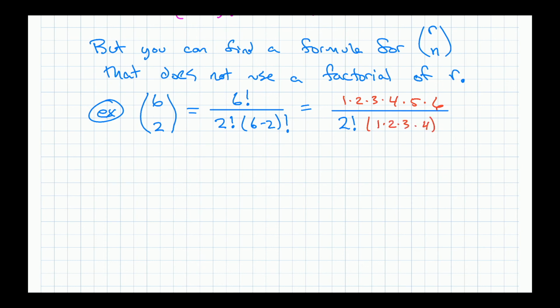Now hopefully you can see that you would be able to cancel the 1, 2, 3, 4 that appears on the top and on the bottom. And so the result here is that 6 choose 2 is 6 times 5 over 2 factorial. And so there's no factorial that involves the 6.